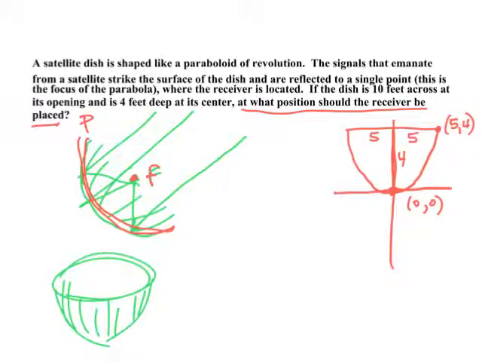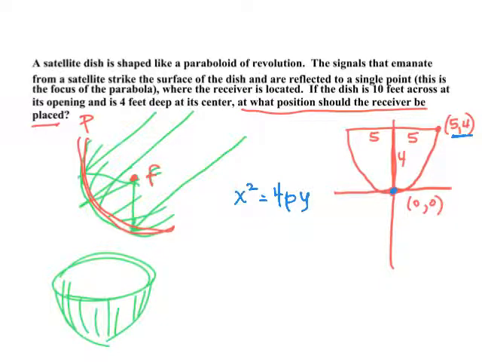So this is a vertical parabola, and that means it's an x squared, and the vertex is at 0, 0, so that's x minus 0 squared equals 4p times y minus 0. So that's y. And now what I'll do is I'm going to use the point on the parabola, 5, 4, and plug it into this equation for x and y and solve for p, and then have my new equation of this parabola.